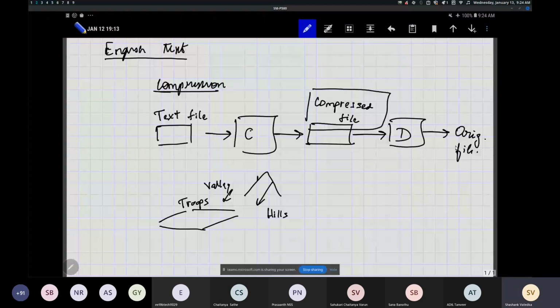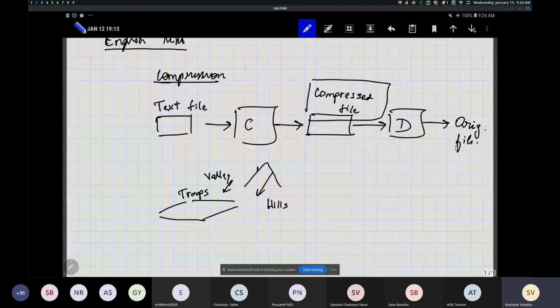Any questions? Okay, so one bit is sufficient to represent the information as to whether they're coming from the hills or from the valley. So this message that the general is getting contains exactly 1 bit of information, right?